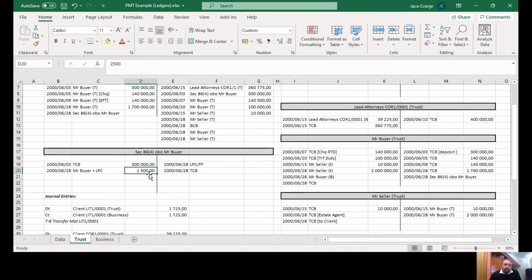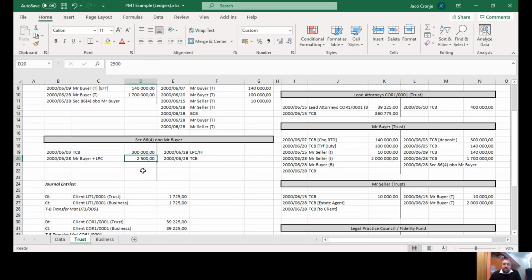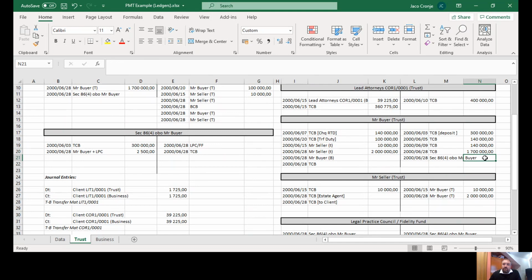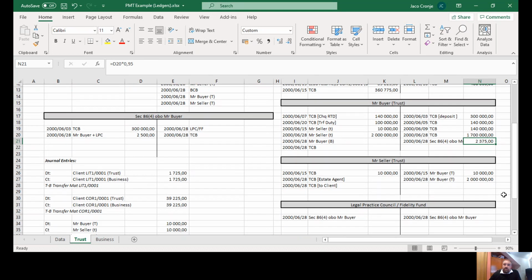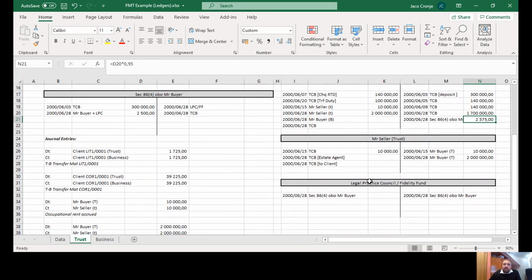So how will I transact for this account? So 2,500 is a debit, so I need a credit. So we're saying you can get the credit because it's your money that we invested, but only 95% of that. Where does the difference go? The difference goes to the Legal Practice Council.